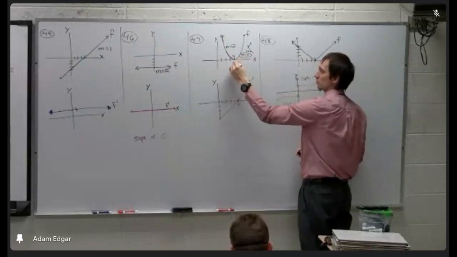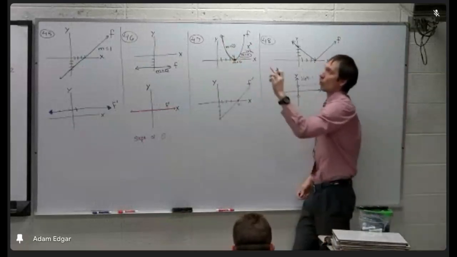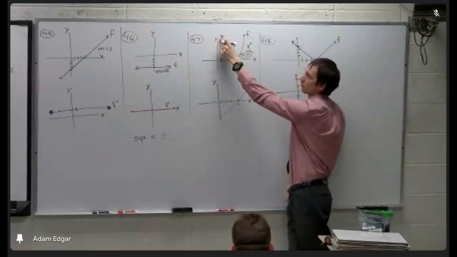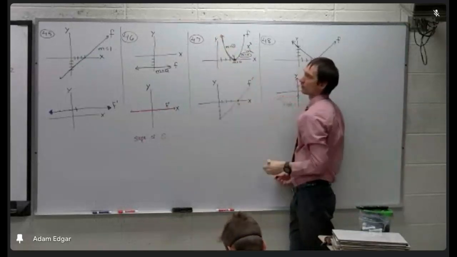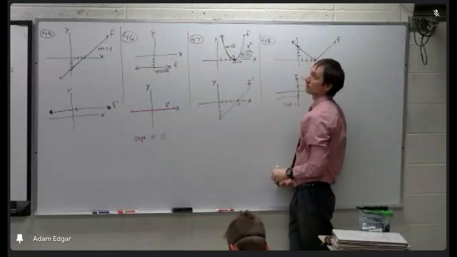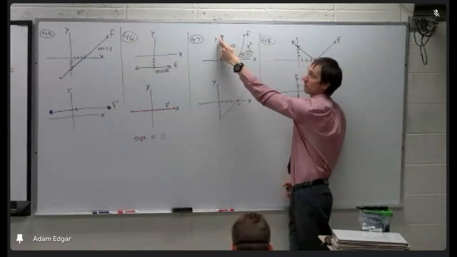Because right there, the curve is flat. And so way out on the left, what's the steepness of the curve? What direction is the curve going? Down. And is it going down fast or slow? Fast. So we have a big negative slope.